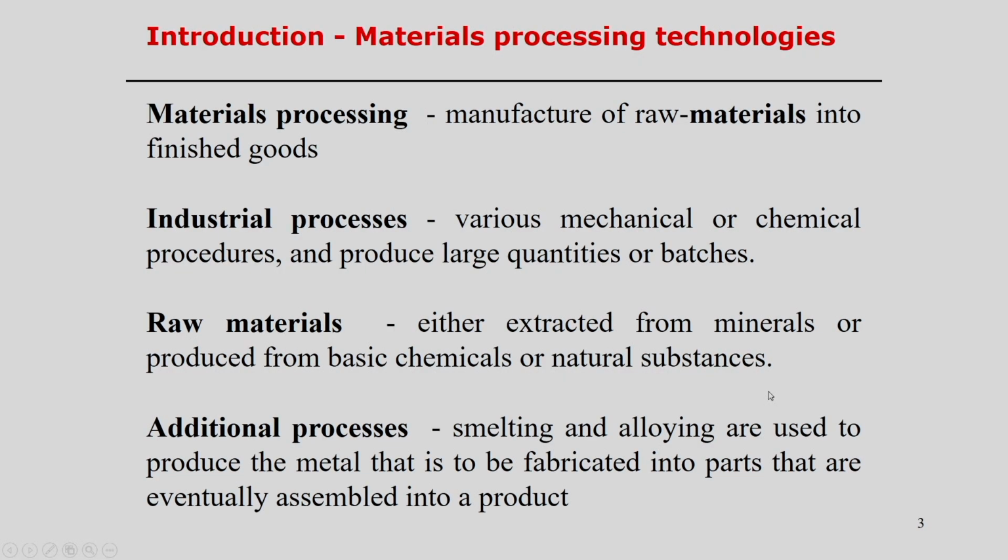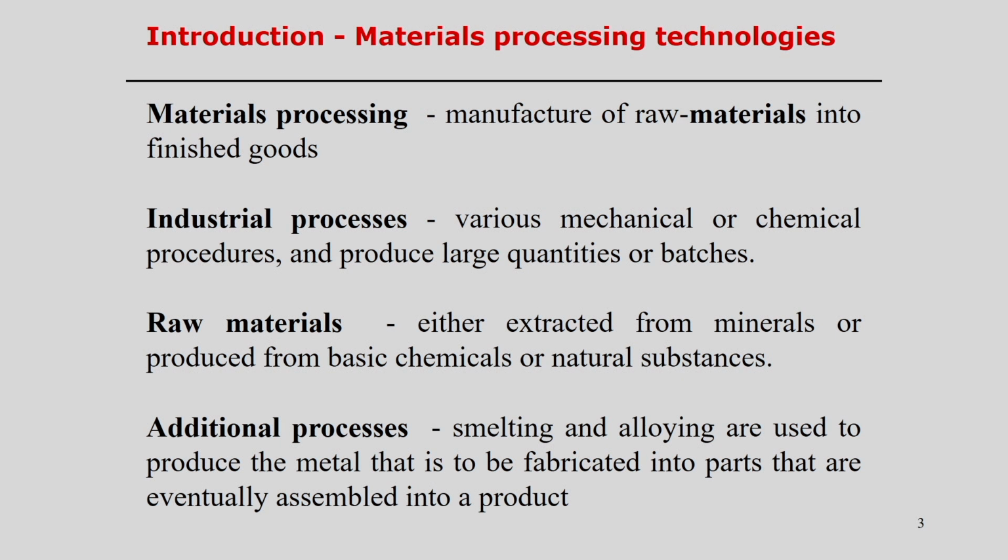Now, start with the very basic thing, material processing technology. In general, we first generate the raw materials, and from the raw materials the engineer will try to produce some finished good or product which we can directly use.